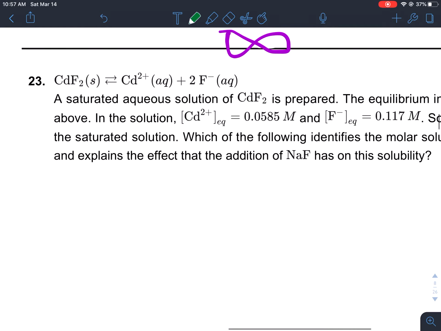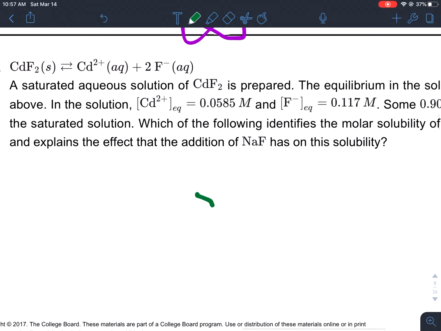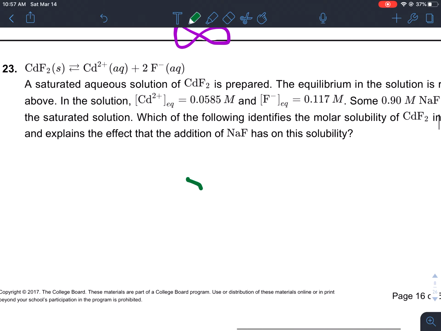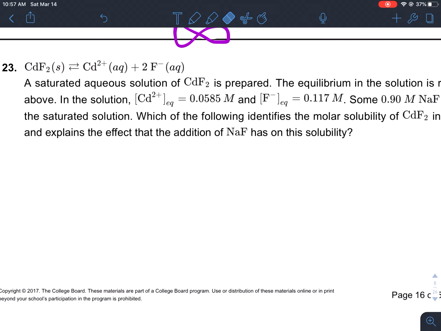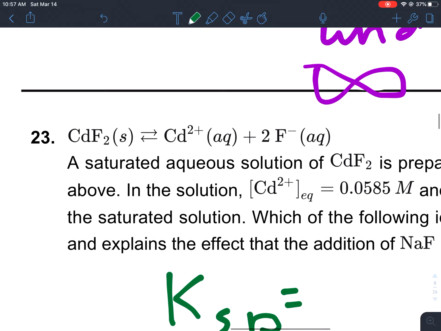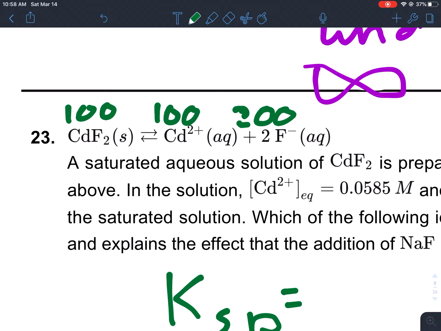All right, number 23, you have a KSP problem here. Ooh, KSP. Notice I told you about that 4x cubed. This is going to be one of those situations where if you had 100 of these, the Mickey Mouse ears, you'd have 100 of these and you'd have 200 of those, okay?